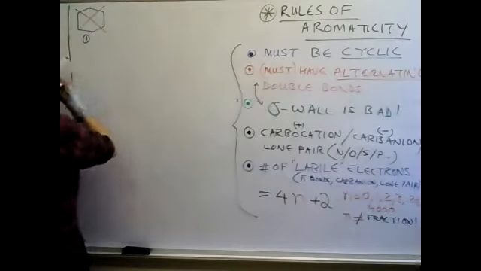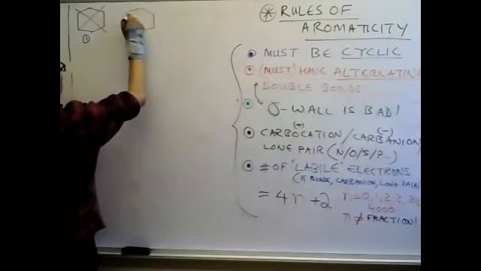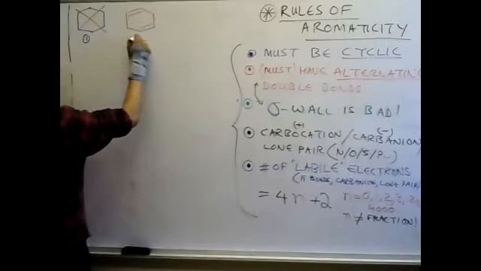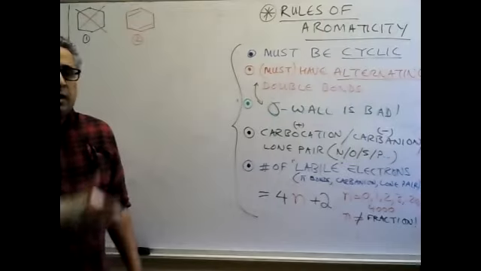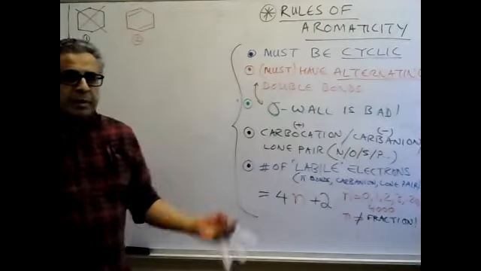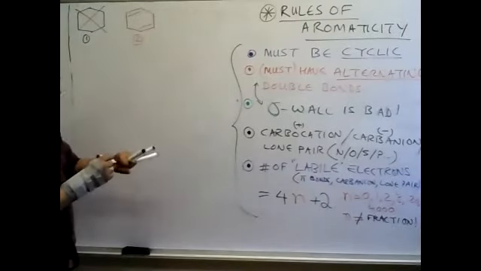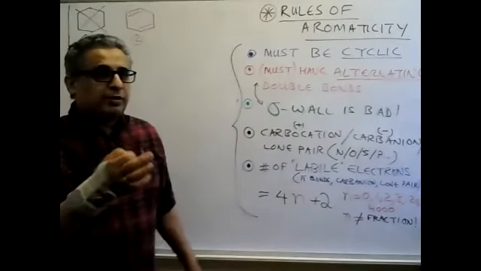Let's use color. Just make things colorful. Molecule number two. Aromatic or not aromatic? Speak up. No. Okay, why not? There's not an alternative bond. Be a little more professional with the choice of words.